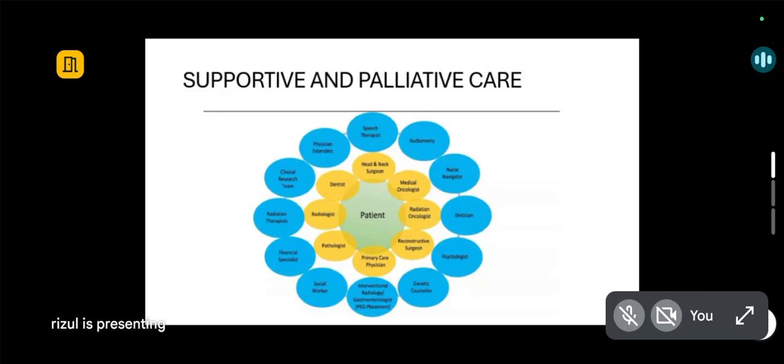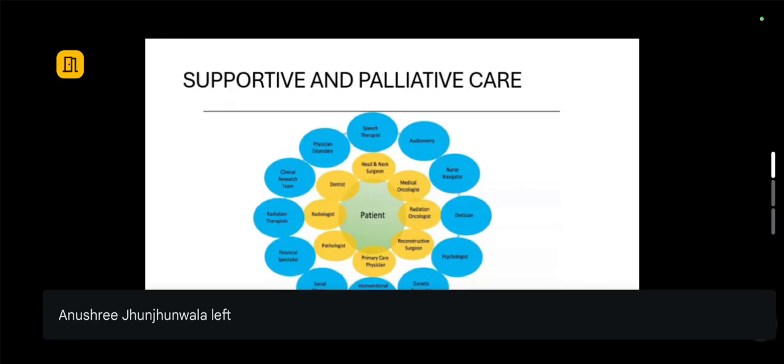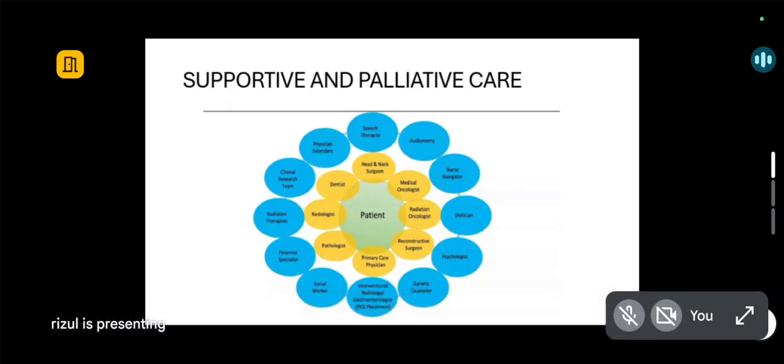So this supportive and palliative care is a multidisciplinary approach, where there is a role of the head and neck surgeon, medical oncologist, radiation oncologist, plastic and reconstructive surgeon, physician, pathologist and radiologist to decide how to manage these patients. Pain control management is a very important part, and how to decide all other factors.